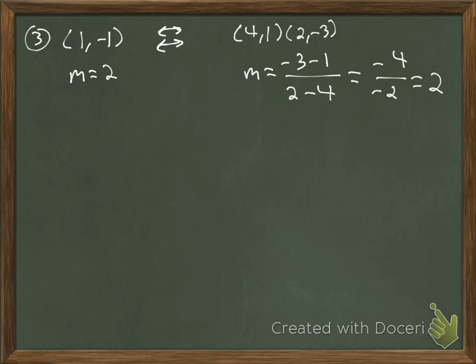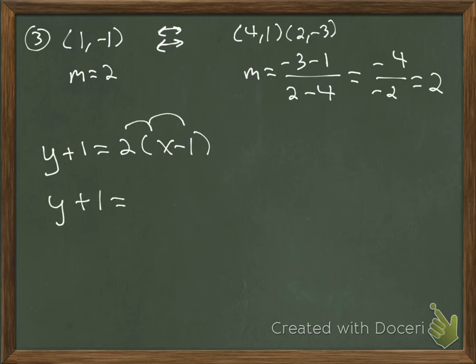Point slope formula. Very good, Grant. So I'll have y minus a -1 is plus 1 equals 2, x minus 1. Distribute the 2. y plus 1 equals 2x minus 2. Minus 1, minus 1. y equals 2x minus 3.